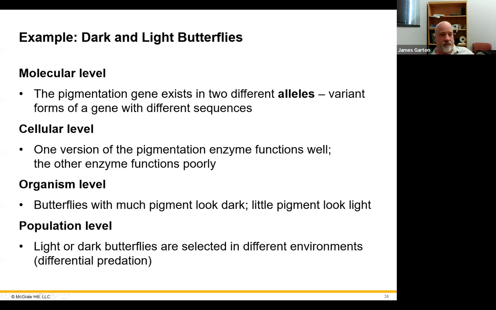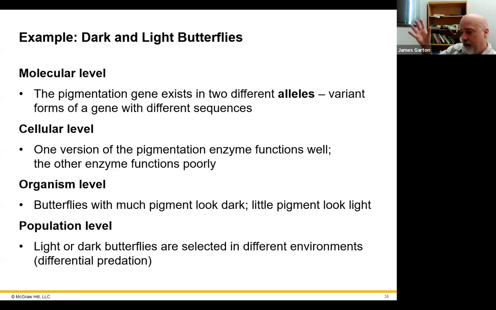And I'll give you a very, very oversimplified example. There's a classic experiment that we now know is not exactly as simple as this was laid out. But there's a species of butterfly. And different individual butterflies have different colorations.